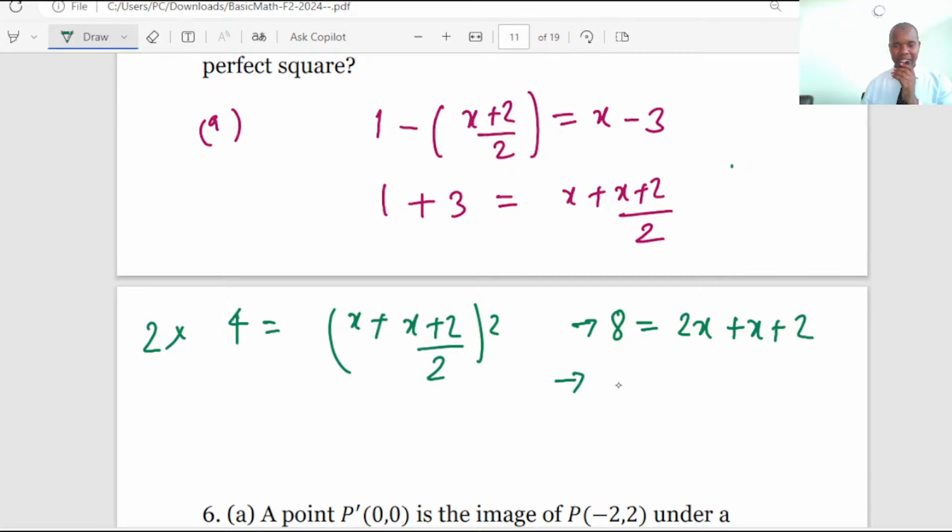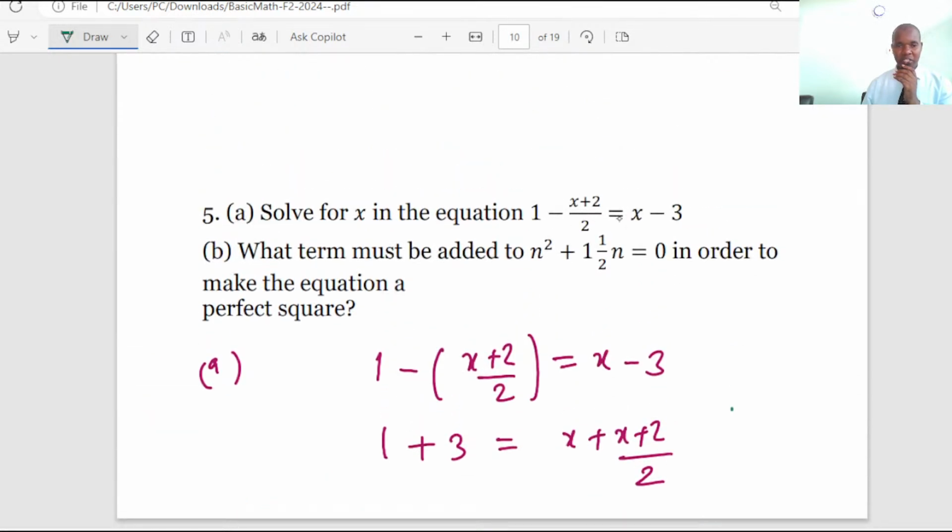So collecting like terms, you'll be having actually 8 minus 2 equals to 3x. So 6 equals to 3x, and x now will be 6 divided by 3 equals to 2. So the solution for part A here, actually the value of x equals to 2, dear students.